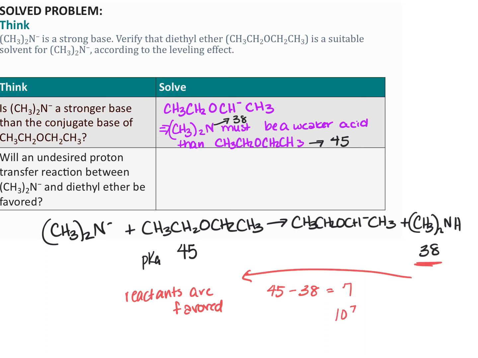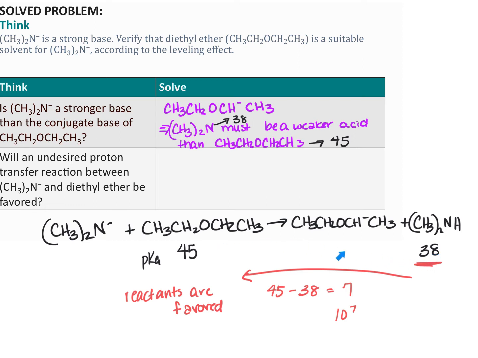So what this means for us is, hey, look, we want to use this as a solvent. We don't want there to be any sort of proton transfer reaction. We need this to stay over here and these two guys not react. And this is perfect for us because this pKa is much higher than this pKa over here. And so that means this is the stronger acid.